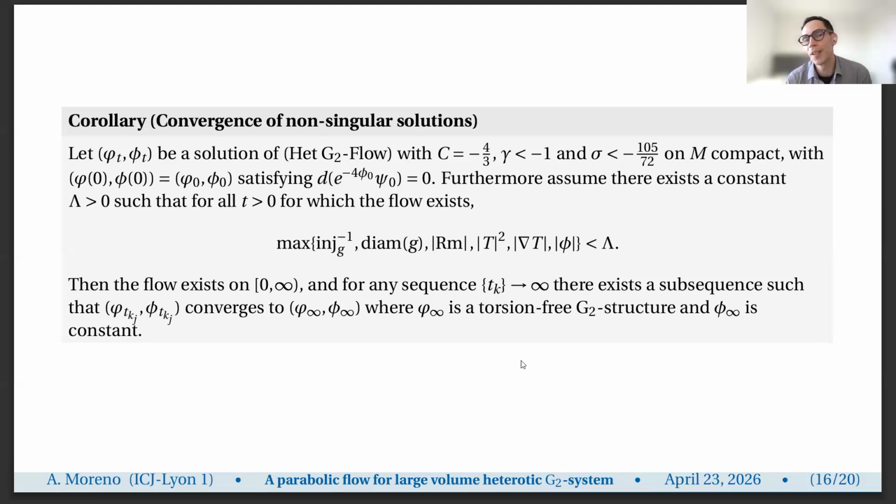I am very new in these kinds of things. I think the key ingredient that you need in order to study this kind of question is the Shi-type estimates. We tried to finish this very quickly, so we didn't look at this kind of result.